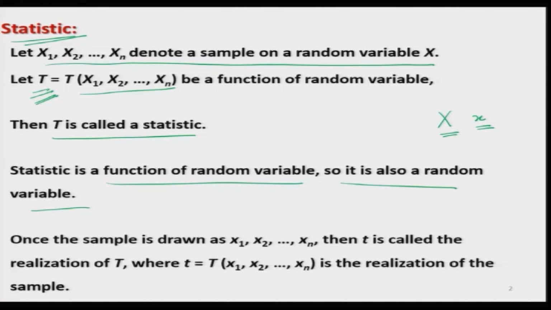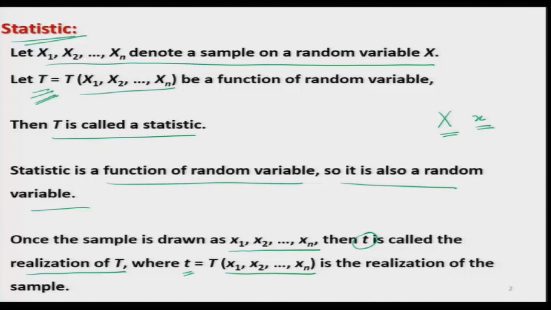In exactly the same way, if small x1, small x2, ..., small xn is a sample drawn on that variable capital X, then small t is called a realization of capital T, where small t has the same structure, the same type of function, but it is based on the sample values x1, x2, ..., xn.